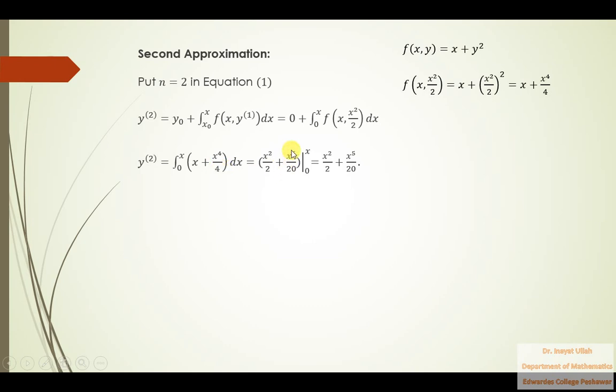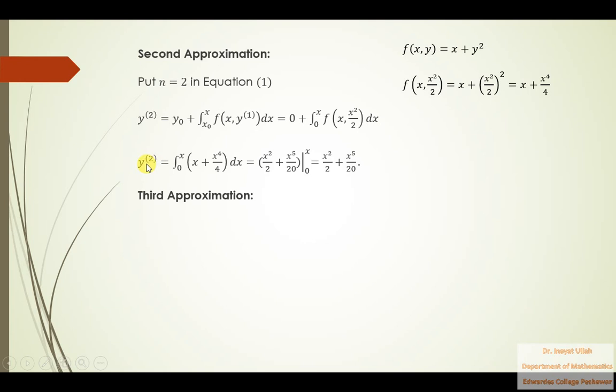So that is x5 divided by 20. That is the integral of x4 by 4. Now we just need to replace these limits 0 to x. If you replace x by 0 here, that will become 0. So just write this whole function over there. That is the second approximation.